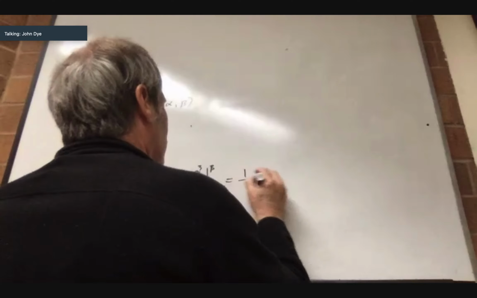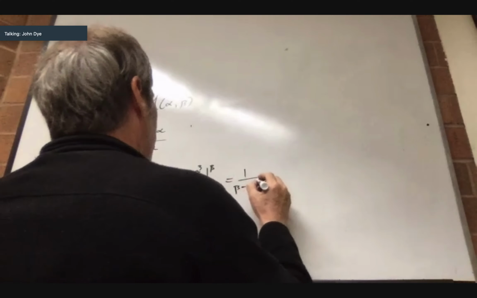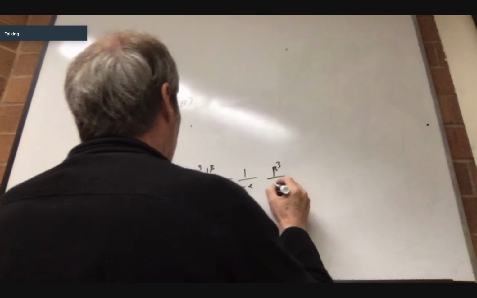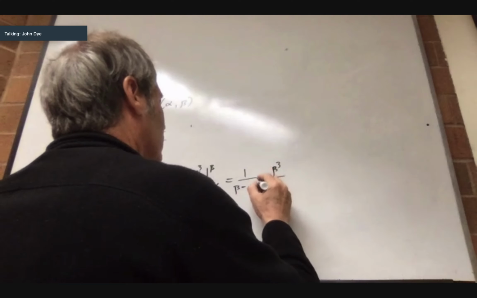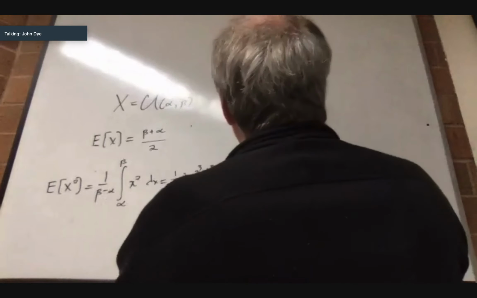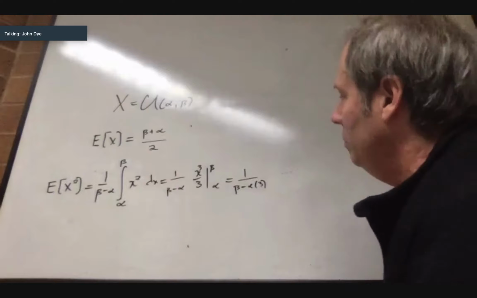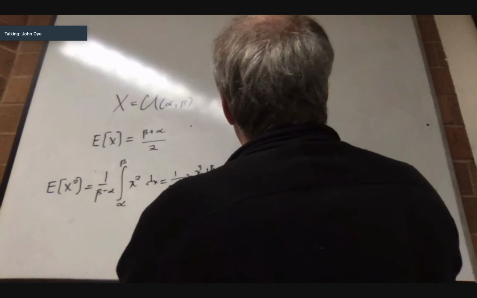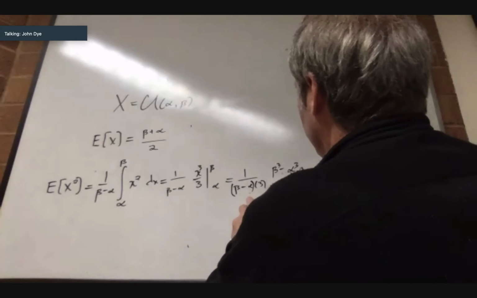Now what? So it's 1 over beta minus alpha times beta cubed over 3, minus alpha cubed. Okay, so this is some sort of messy thing.